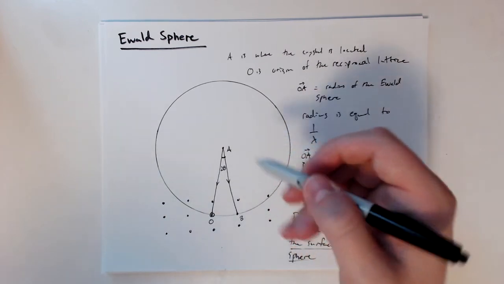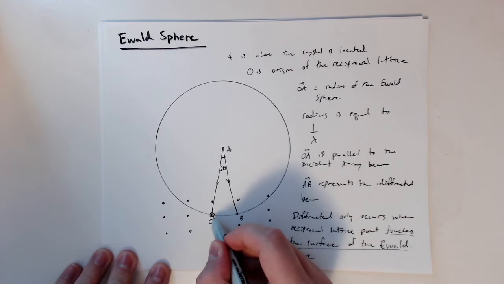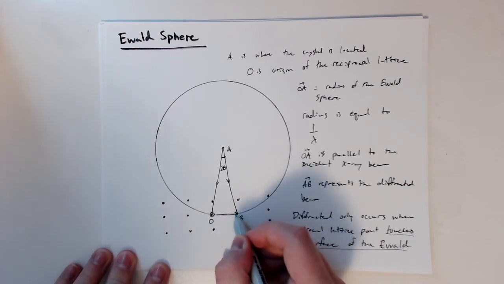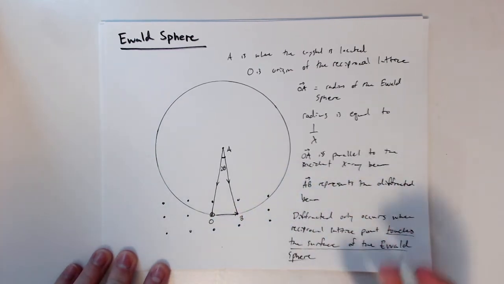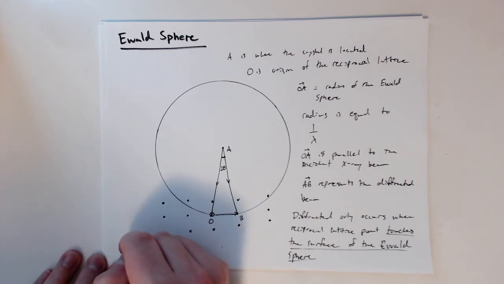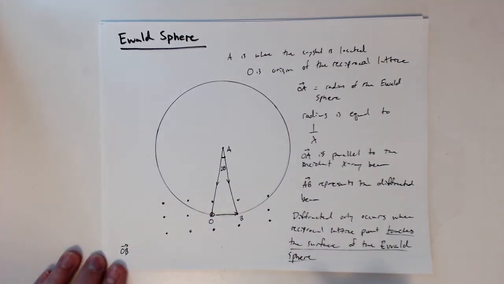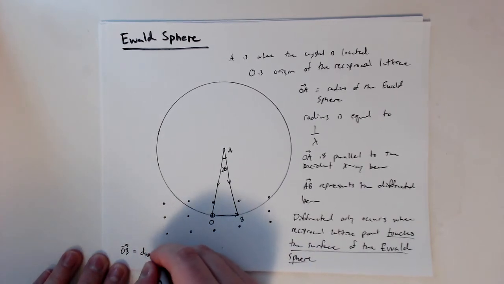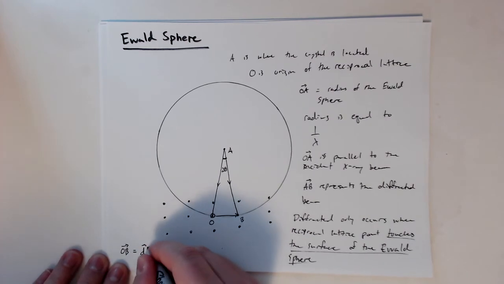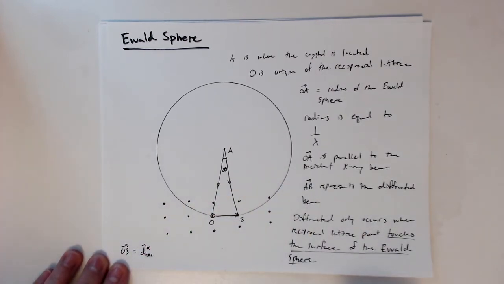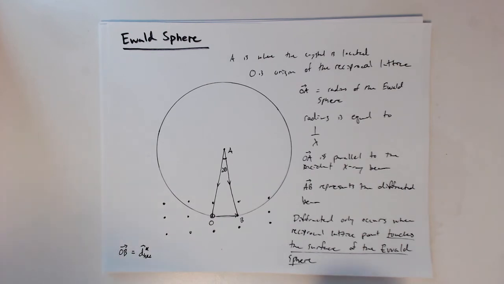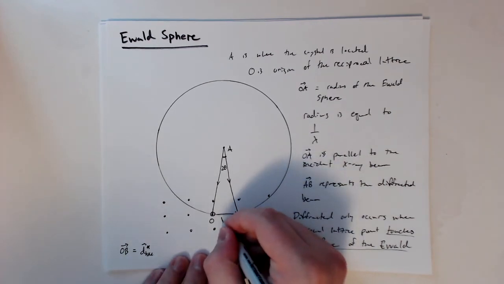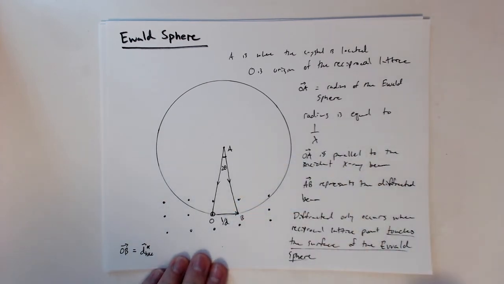Also, if you take a vector from the origin to B, the vector OB here, this is equal to the d_hkl star vector, which we talked about in reciprocal space. Effectively, this has a distance of 1 over d.